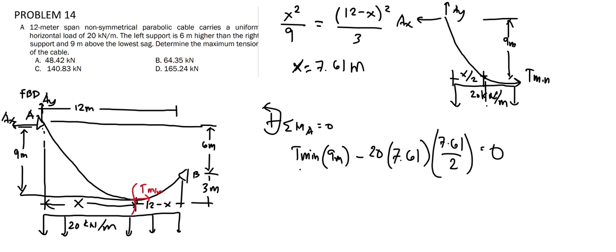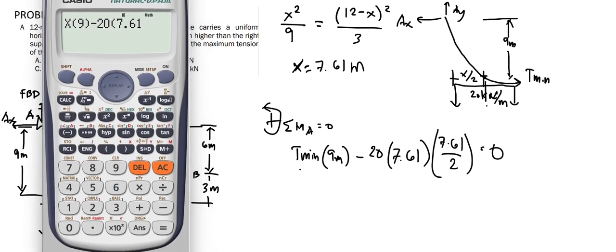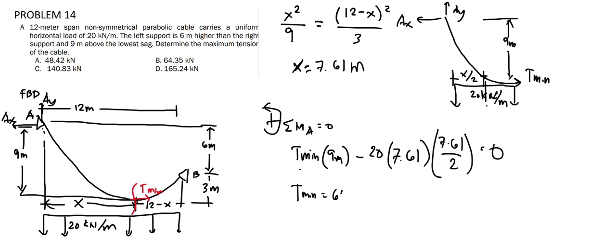And we now solve for the minimum tension. We have T minimum equal to 64.35 kilonewtons.